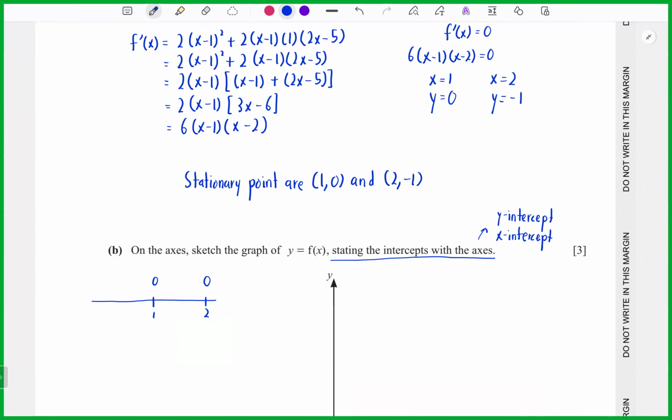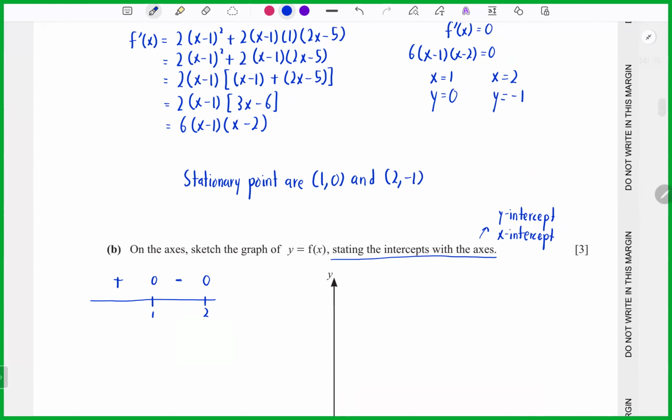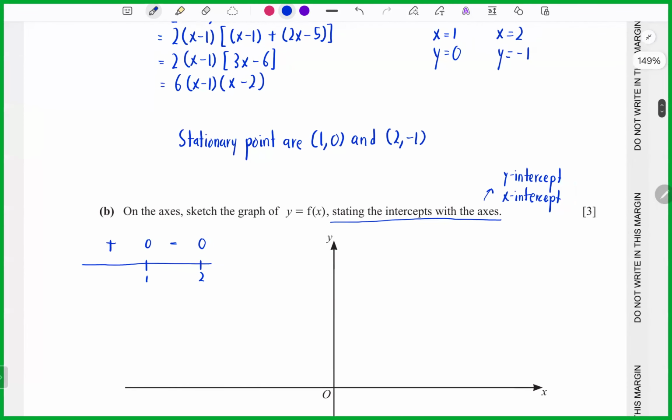Here you will get negative value. 6 bracket 0 minus 1, 0 minus 2. Here you get positive. So when you see this number line, next 1, 0, they will show like maximum point.